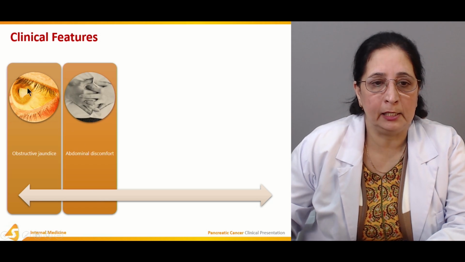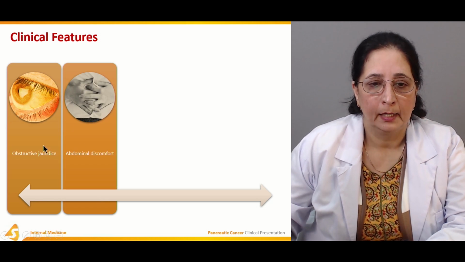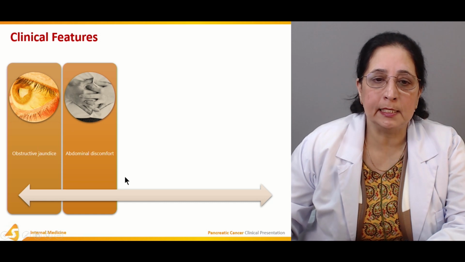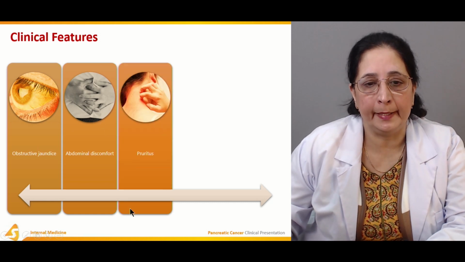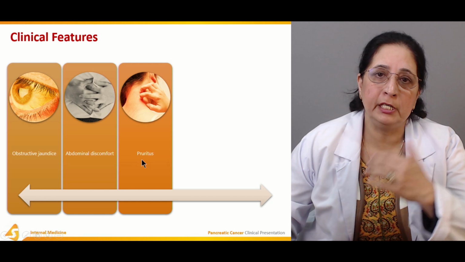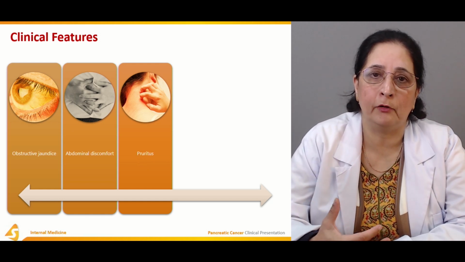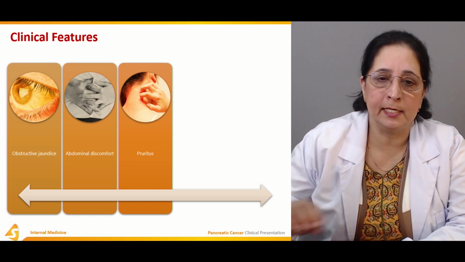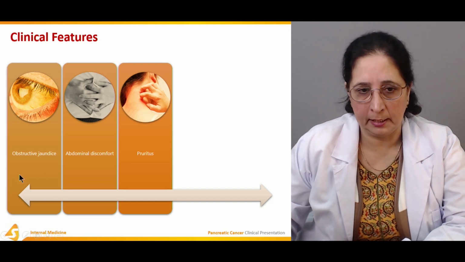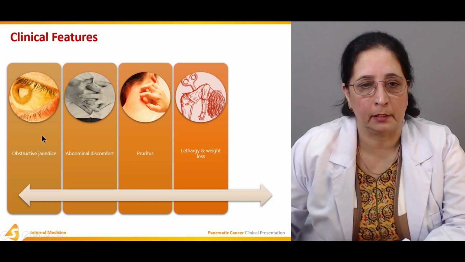You can see the yellowness of the eyes. There is abdominal discomfort and abdominal pain. Pruritus, itching, is very common in jaundice, where there is increased level of bilirubin.